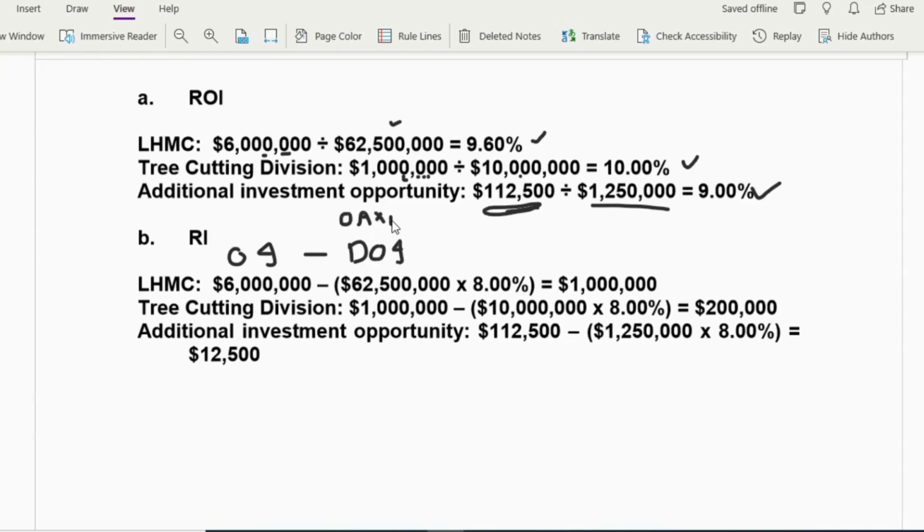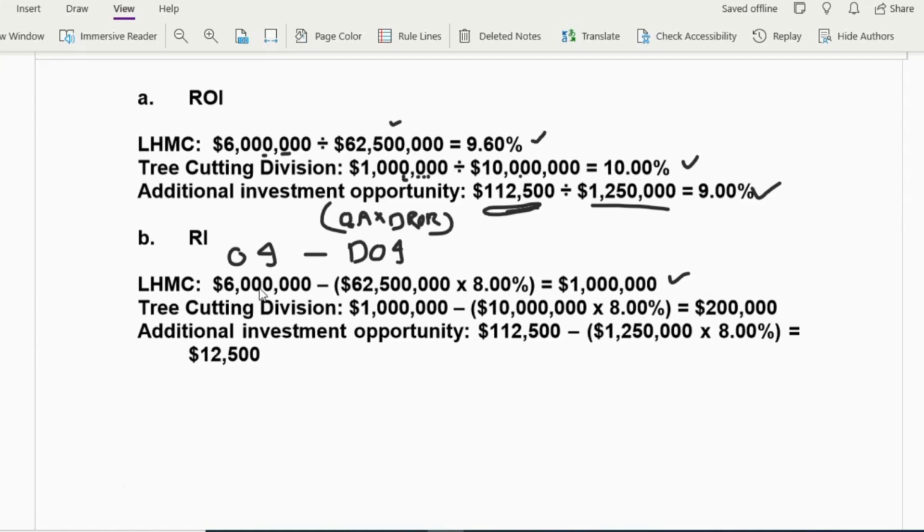Operating assets multiplied by desired rate of return. So LHMC has operating income of 6 million and operating assets of 62,500,000. Desired rate of return is 8%. When you simplify this expression, their residual income is 1 million.